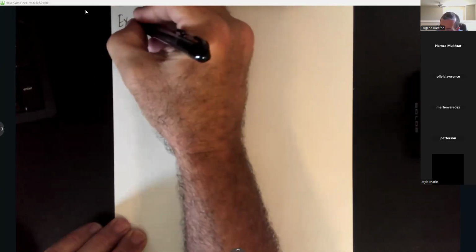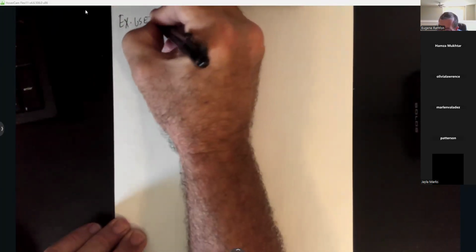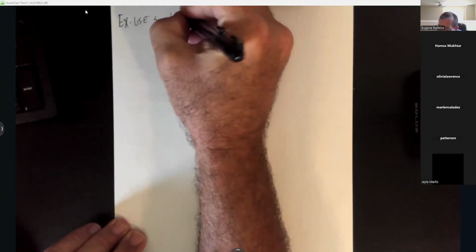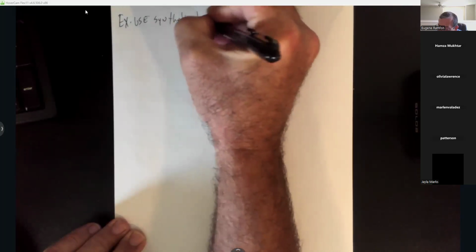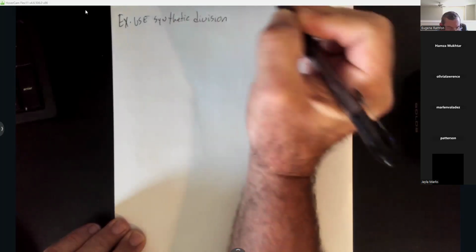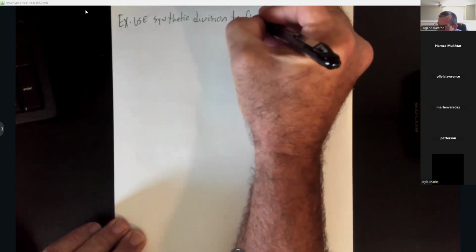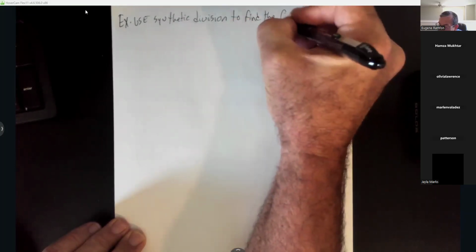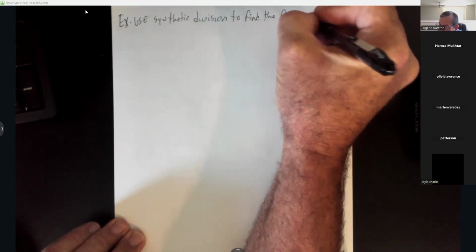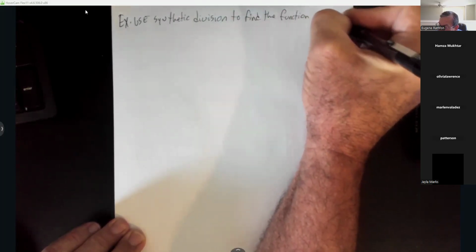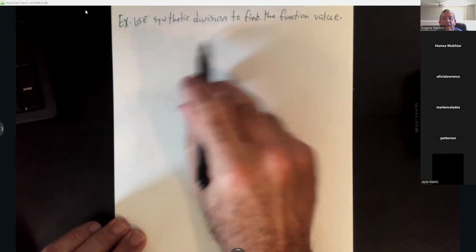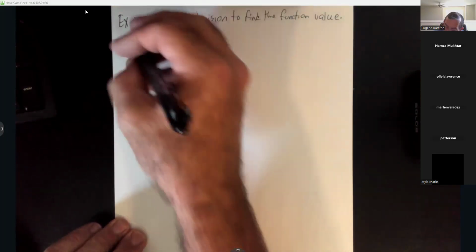So our next example, we're going to use synthetic division to find the function value. All right, so that's the same thing we did on the first problem.